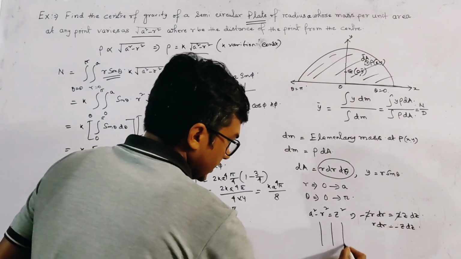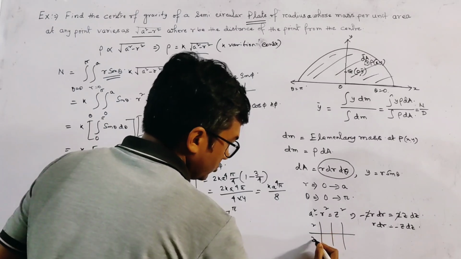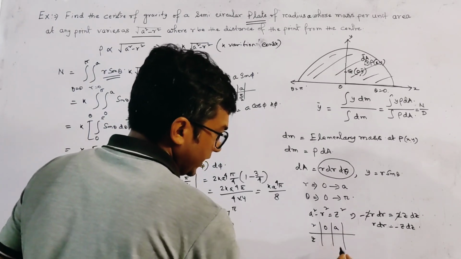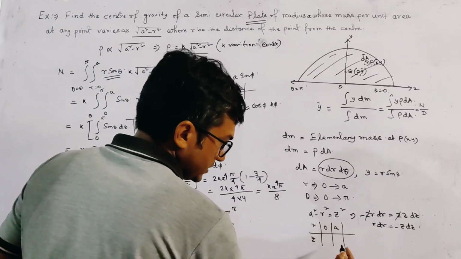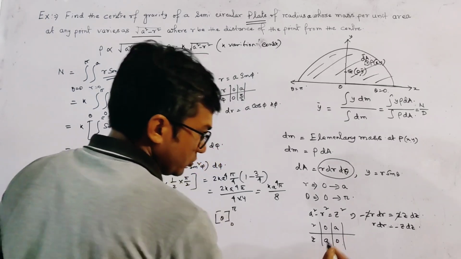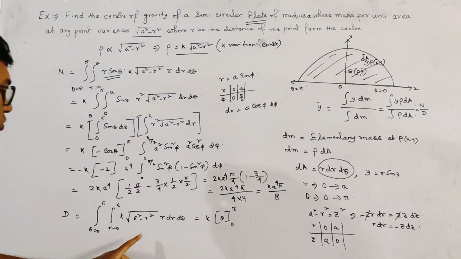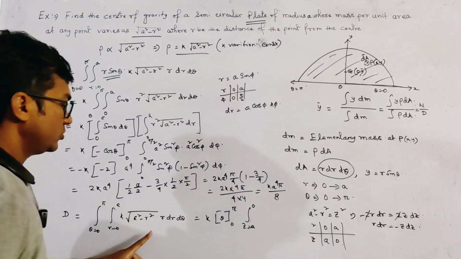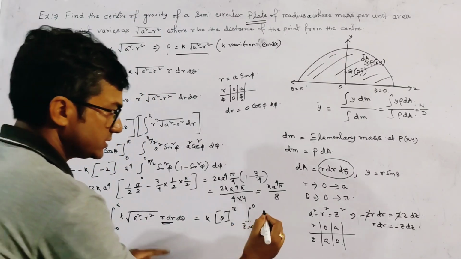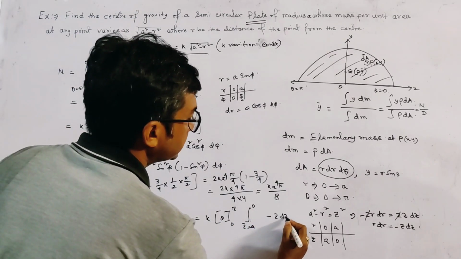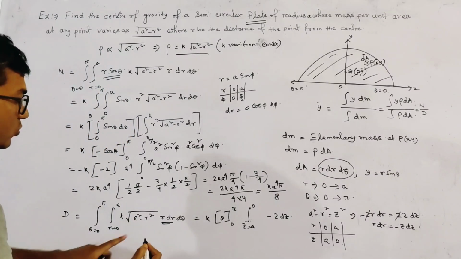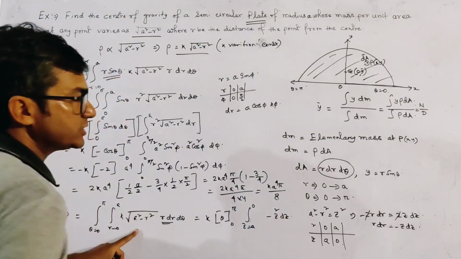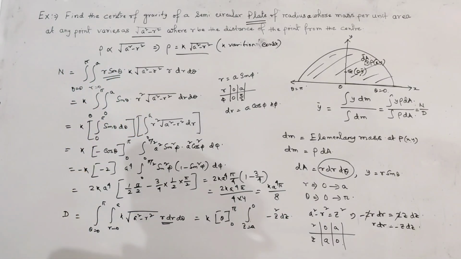And changing the limit from r to z, r equal to 0 to a, and this is a to 0. Okay, so the second integration is z equal to a to 0, we get r dr, this is minus z dz, and from here we get another z, so this is z square dz.